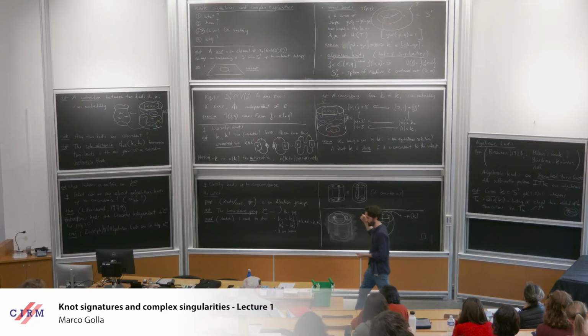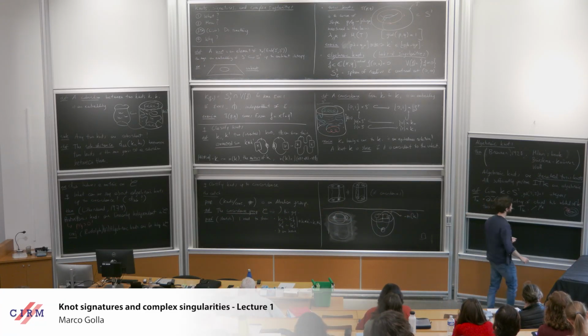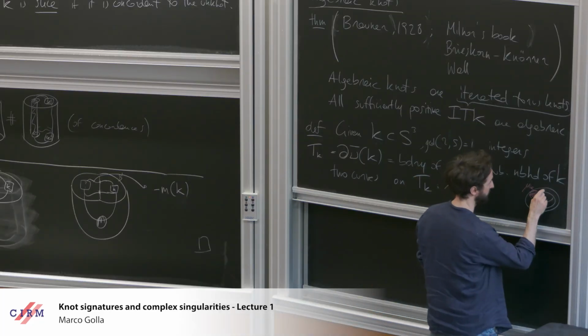And then I need a curve in the other direction. I want a curve that meets mu once. And of course, I swapped colors with respect to what was there, but you'll bear with me.